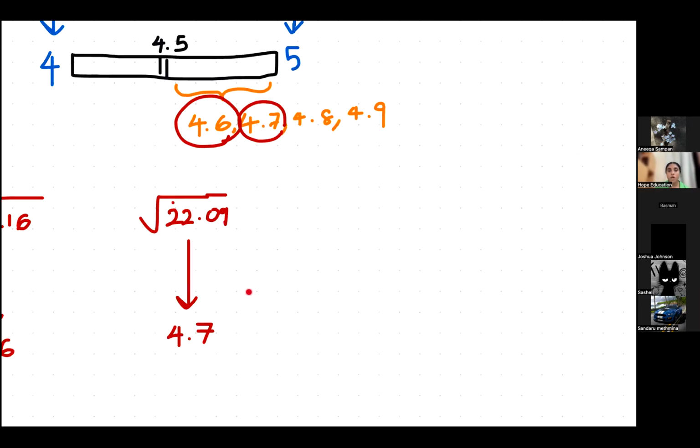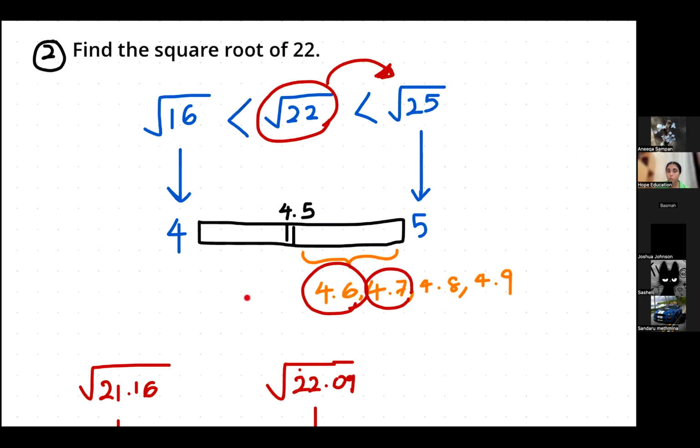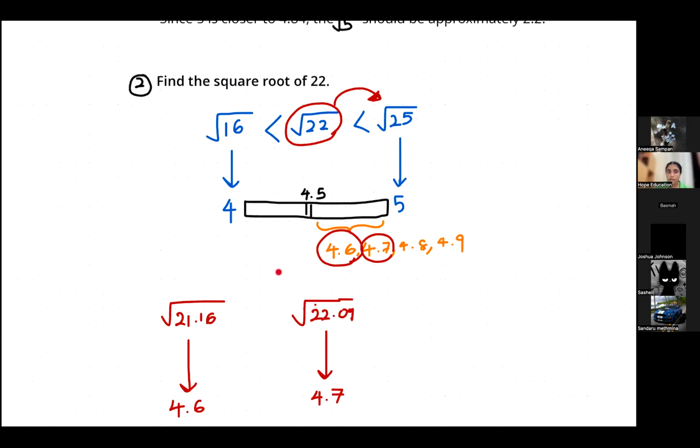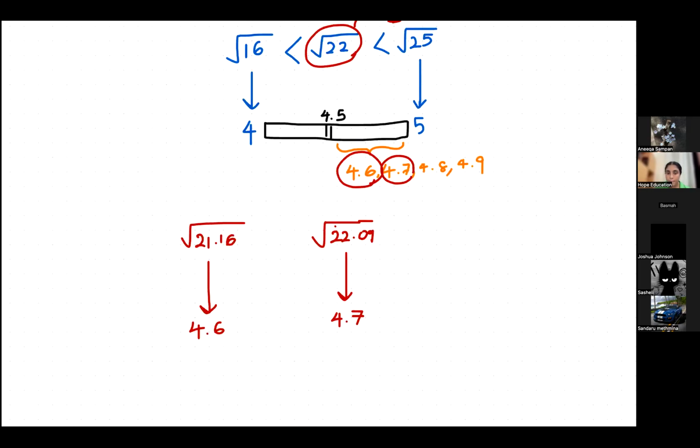බලන්න ළමයි, what I want is the square root of 22. එහෙනම් 22 එන්නේ මේ දෙන මැද නේද? Because 21.16 is less than 22 and 22.09 is more than 22. එහෙනම් 22 ගේ square root එක එන්නේ මෙන්න මේ දෙන මැද.